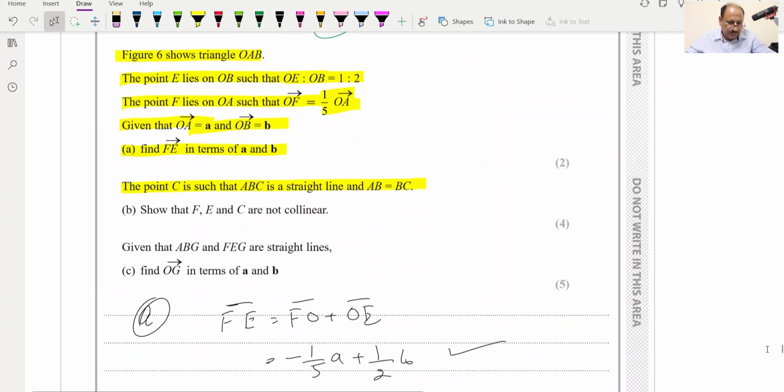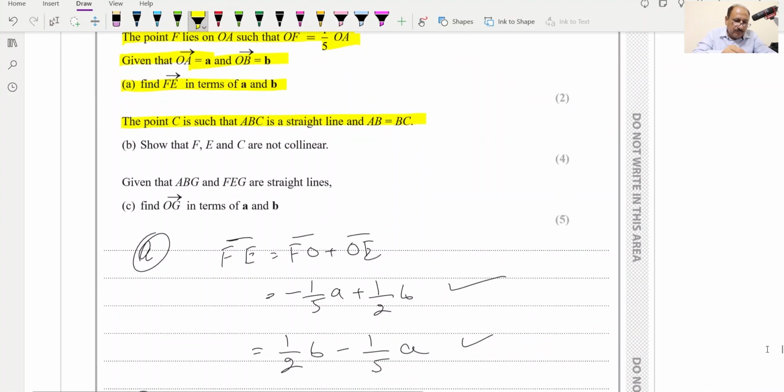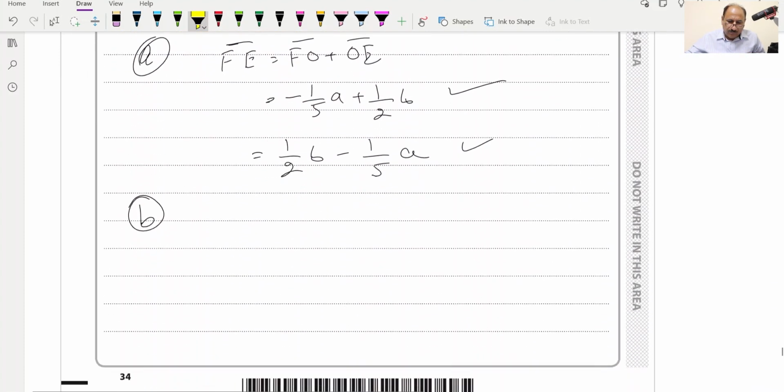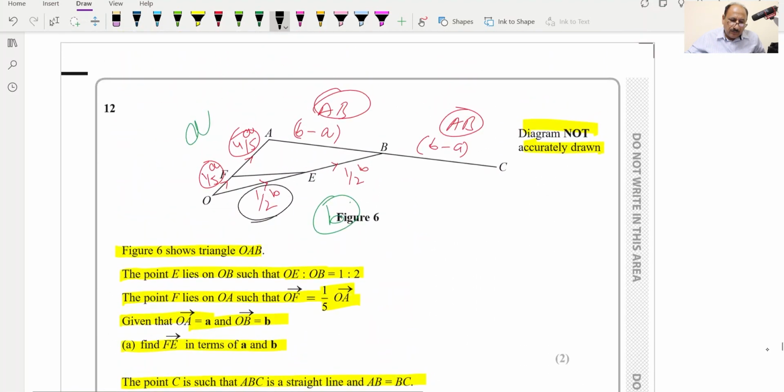Next, the b part is saying show that F, E and C are not collinear. Not collinear means they are not in line. So we can check for FC. FC will be equal to, from F to C, 4 by 5a plus 2AB.